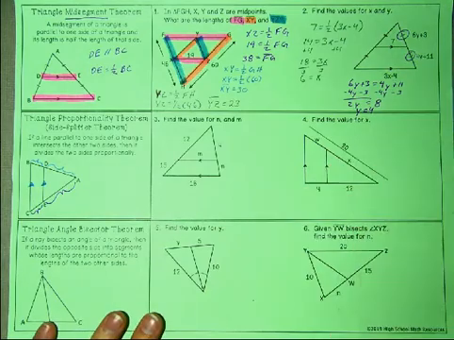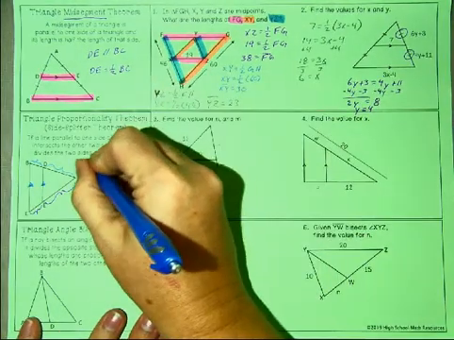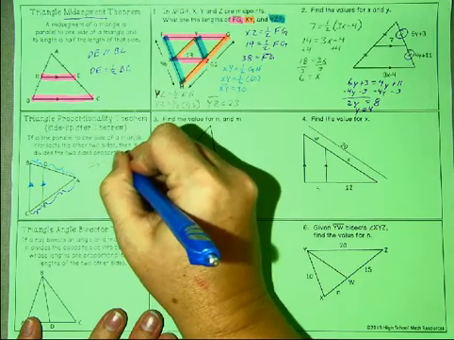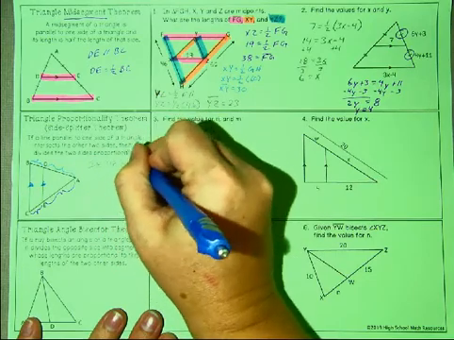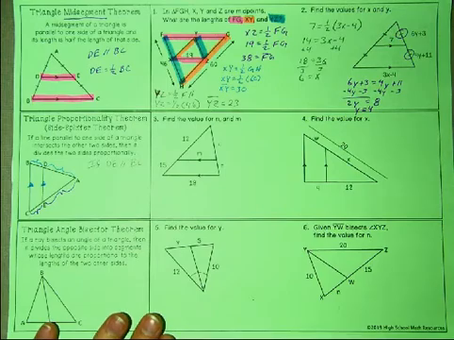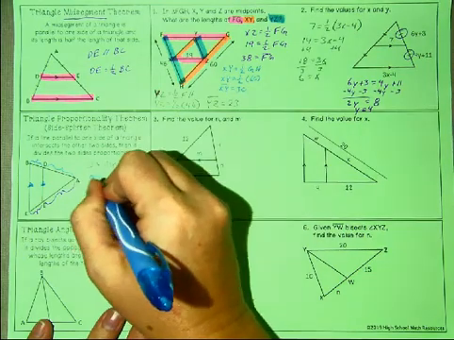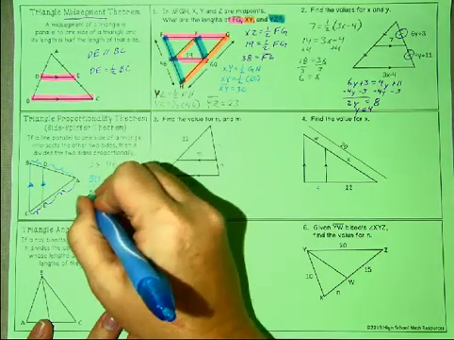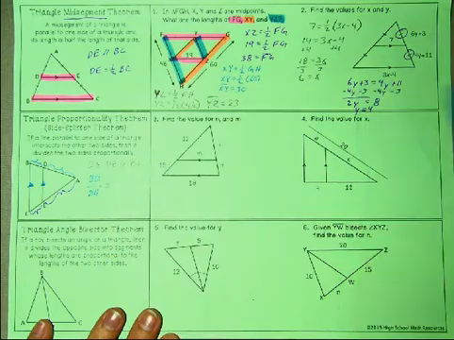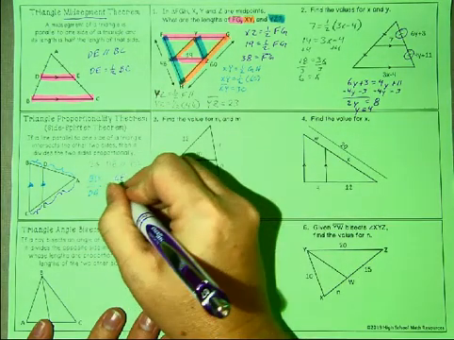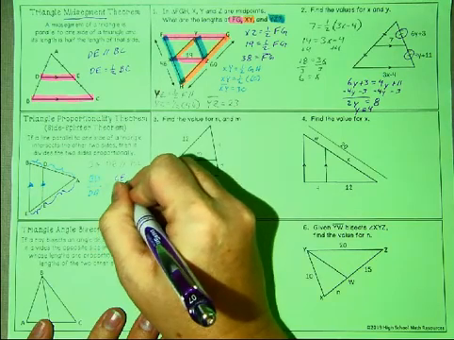All right, so if DE is parallel to BC, then we would know that BD over DA equals CE over EA.